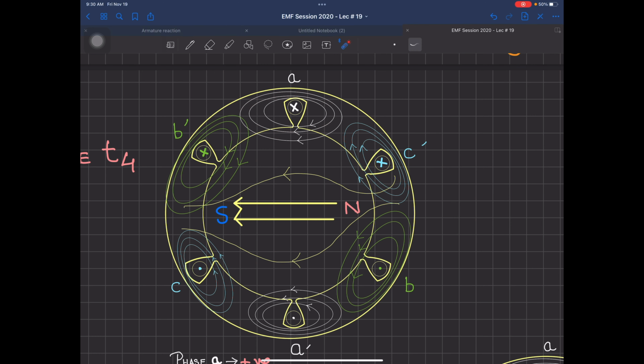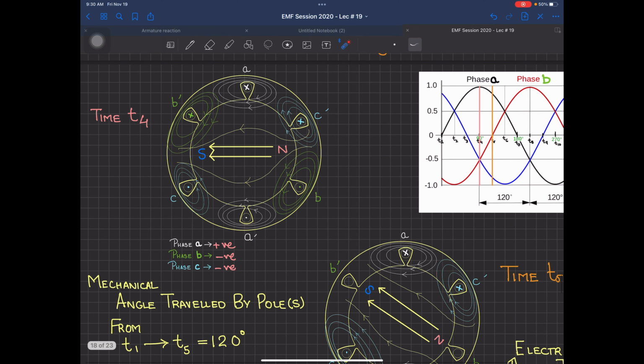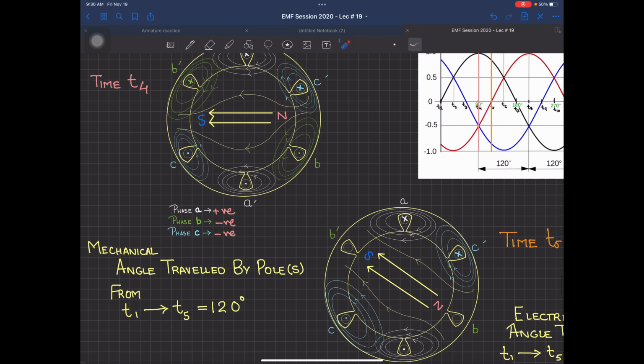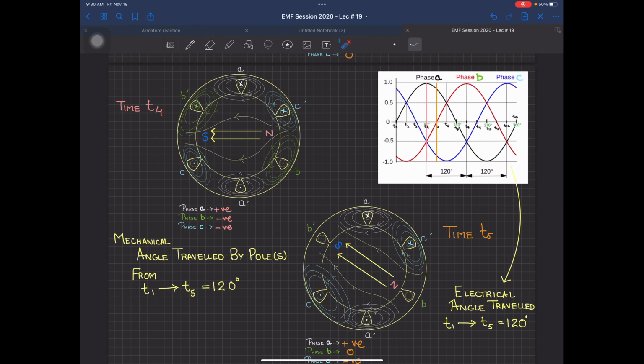Now at time t4, the mechanical angle traveled from time t1 up till time t5. What is time t5? This is at 120 degrees, because this is 30, 30, 30, 30. 4 times 30, 120 degrees.